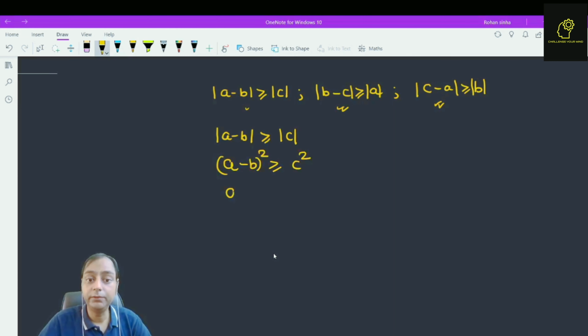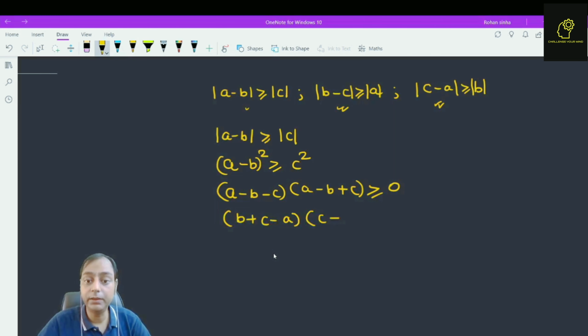This means (A minus B minus C) into (A minus B plus C) is greater than or equal to 0. Taking minus common from here, we find (B plus C minus A) into (C plus A minus B) is less than or equal to 0. Say this is equation number 1.